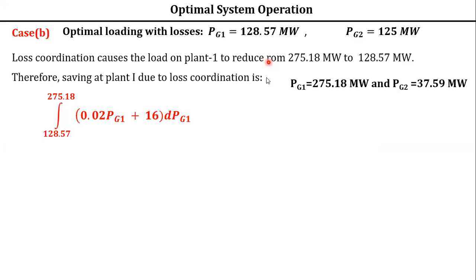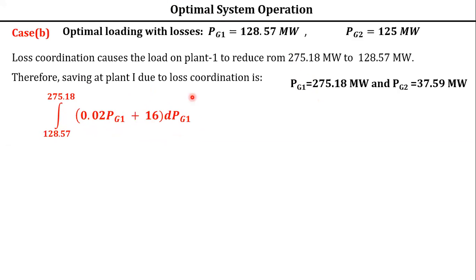Okay, so integrating dC1 by dPG1. What is dC1 by dPG1? The first incremental cost is 0.02 PG1 plus 16, with respect to dPG1. Integrate it over the limits, because here there are two cases, isn't it?